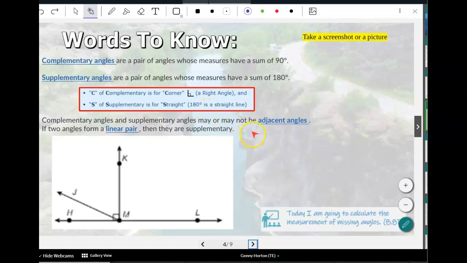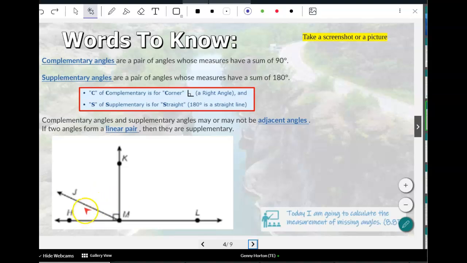All right, complementary angles and supplementary angles may or may not be adjacent angles. If two angles form a linear pair, they are supplementary. So in this diagram, you could say that this right here, angle KMJ and JMH, because they have this corner, are complementary.